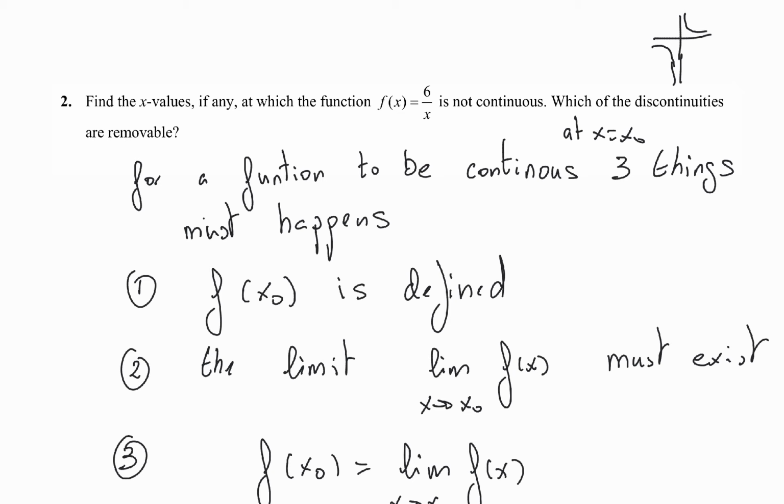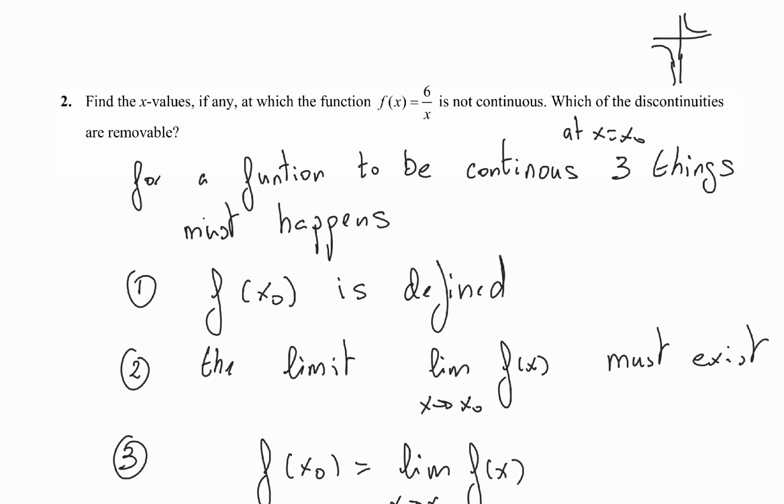A limit of plus infinity means that it doesn't approach a fixed number. So saying that the limit is plus infinity doesn't mean that the limit exists. It means that it doesn't exist because it doesn't approach a fixed number.